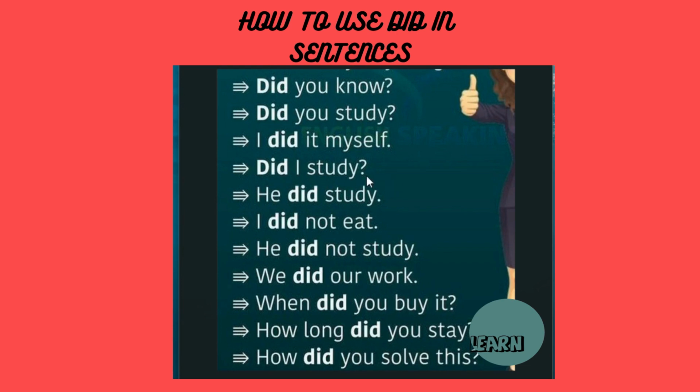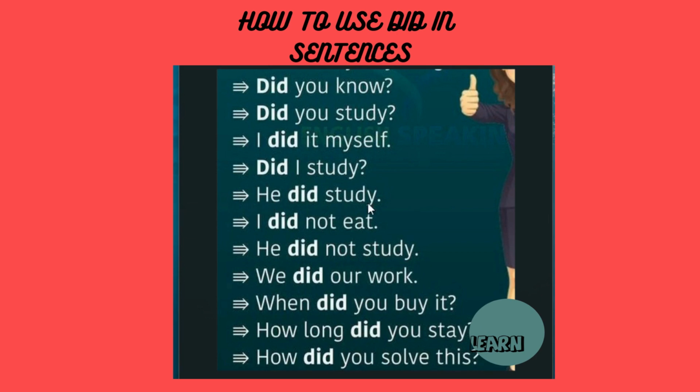Sometimes we also ask ourselves, did I go to that shop, did I bring this thing? That is how usually we ask ourselves. So here also, did I study? If someone is there with this person, he might clarify his question.